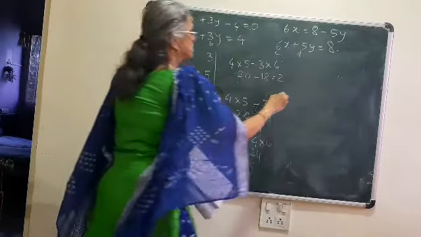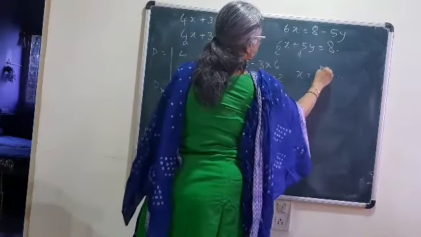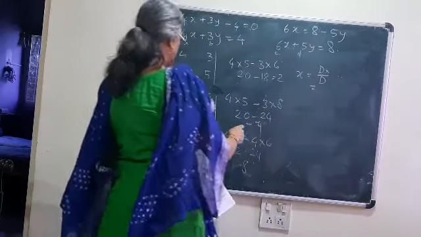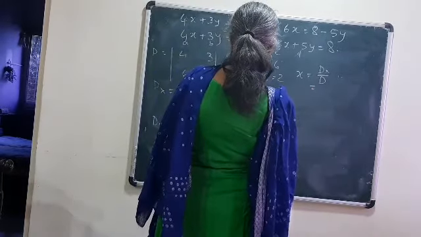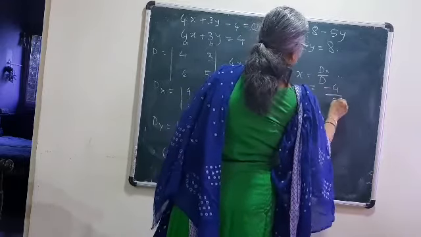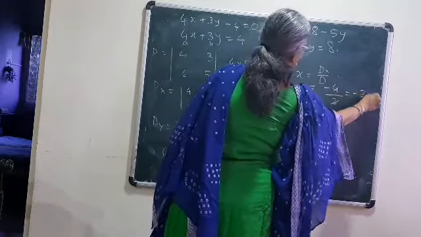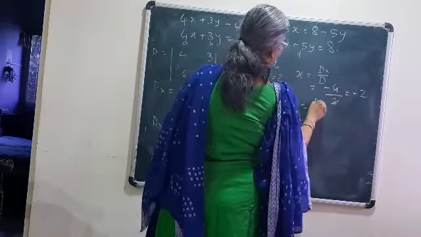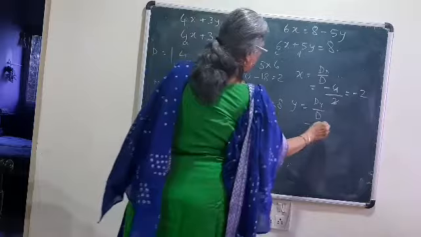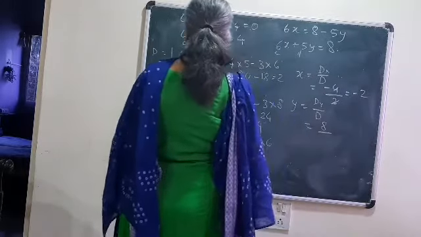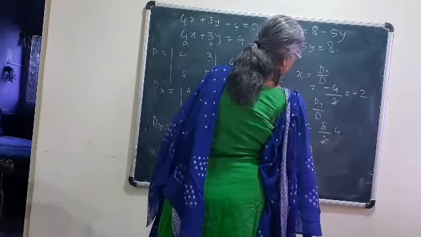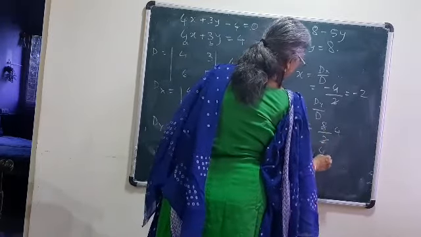Then x will be Dx upon D. So Dx is how much? Minus 4. And D is how much? 2. So it will be minus 2. And y will be Dy upon D. So Dy is 8 and D is again 2. So it is 4. So the answer is minus 2, 4.